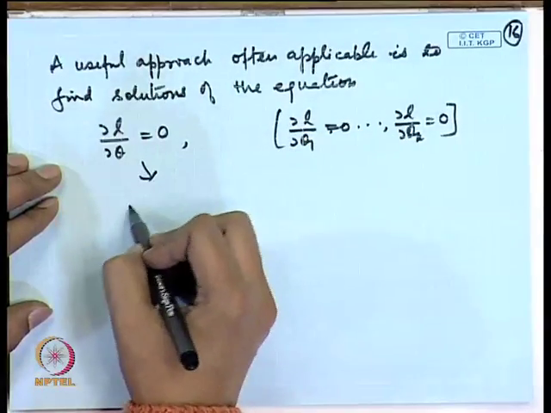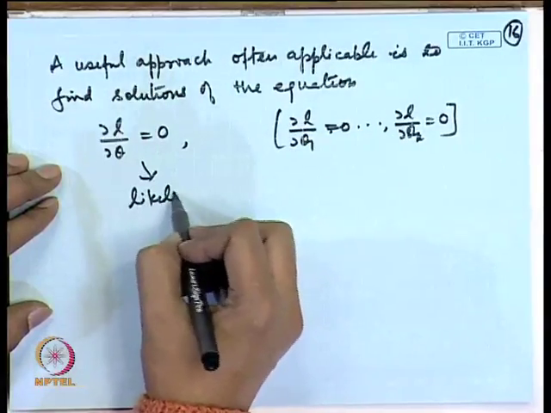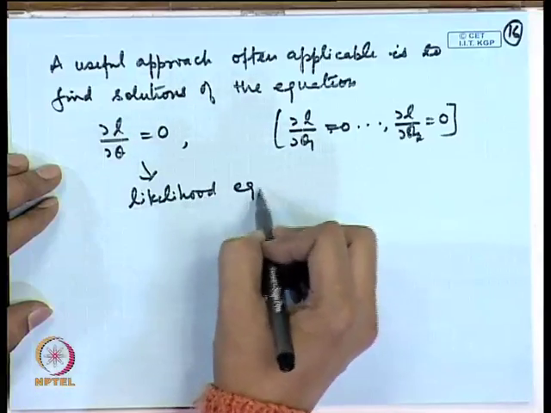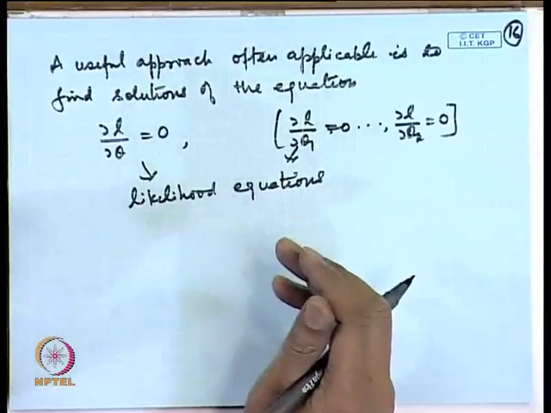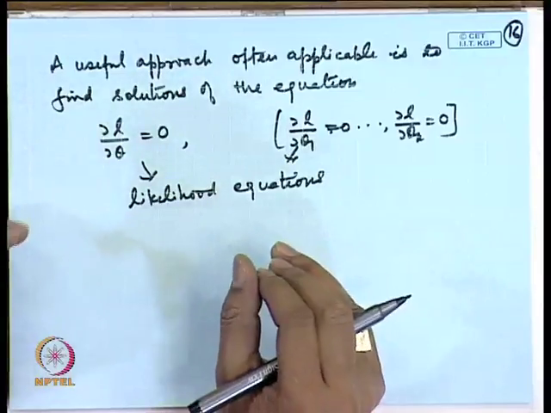These are called likelihood equations. Again the question arises whether we can always solve them explicitly, or sometimes implicit solutions will be there, or sometimes solutions will not exist.